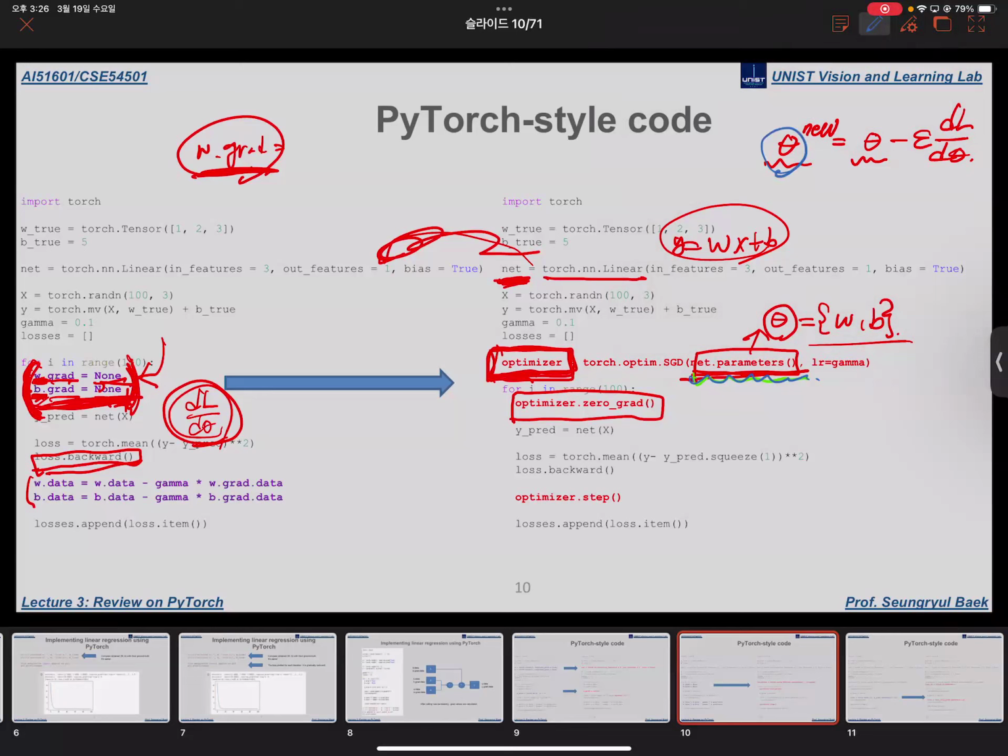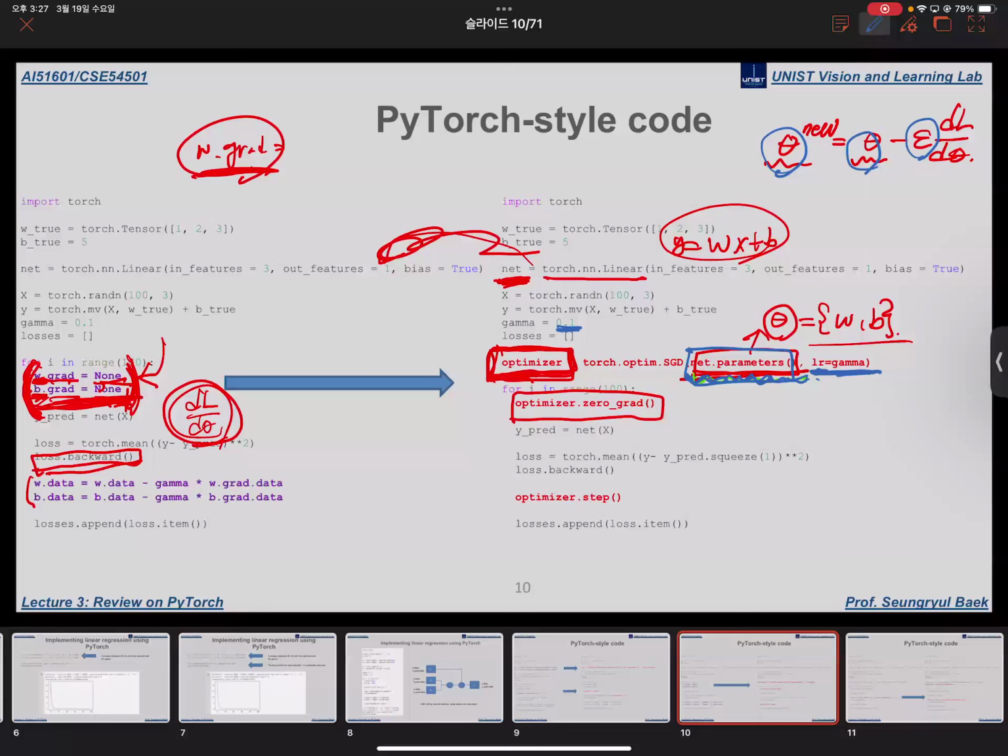So you first have to know which parameters you will update. That's why it has this argument. Okay, and the other thing you have to know is this epsilon, the learning rate. lr is the abbreviation for learning rate, and you already define this here, initializing it as a small scalar value.